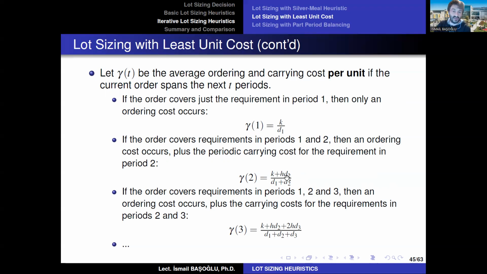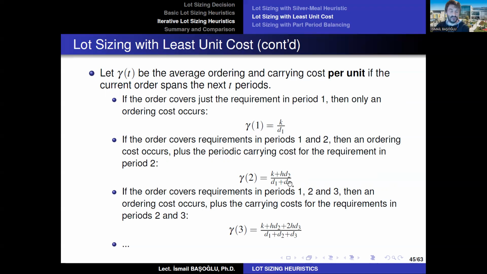And since I'm carrying it for one period, I'm going to multiply it with H. Now, this total cost will be divided by the total demand in the following two periods. Now, we expect gamma 2. Now I am using another notation because rho is already used for the Silver-Meal heuristic. Okay, here I am using gamma, and this gamma 2 is always expected to be less than gamma 1.